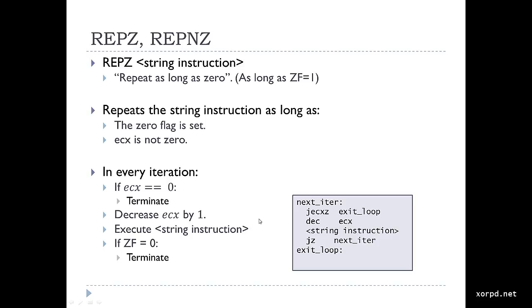I just want to make sure that you see the difference, because it is really the same as the REP-NZ instruction. Take a look, for example, at this assembly code and see the change. As you can see, the only thing that changes is here, the condition over the 0 flag.